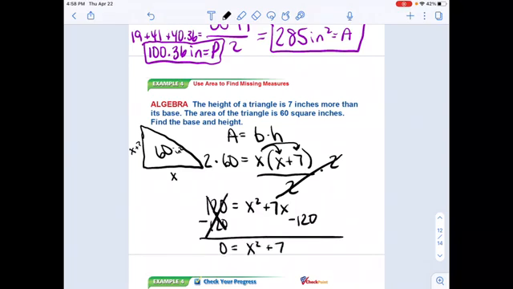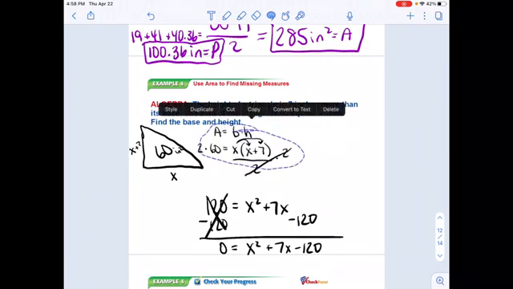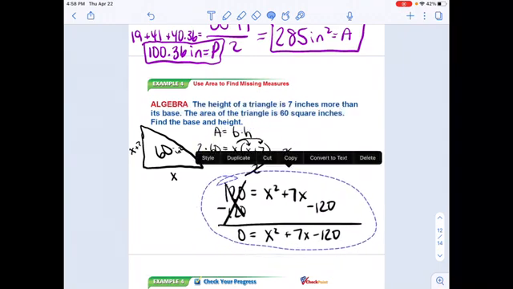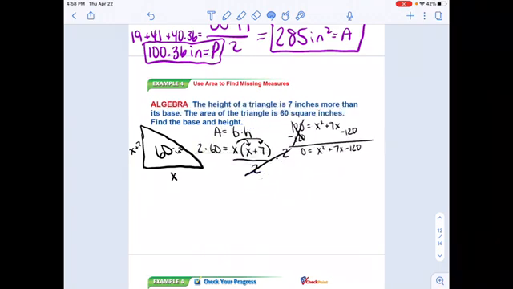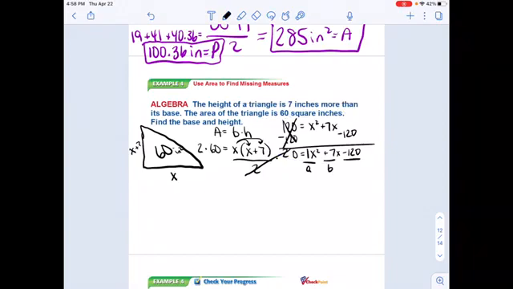Meaning we need to get one side equal to 0 and everything else on the other side. So here we are, ready to start either factoring or using the quadratic. I've noticed most of you like using the quadratic, so I will use the quadratic on this one. We know A is 1, B is 7, C is negative 120, so we go ahead and plug that into our quadratic.